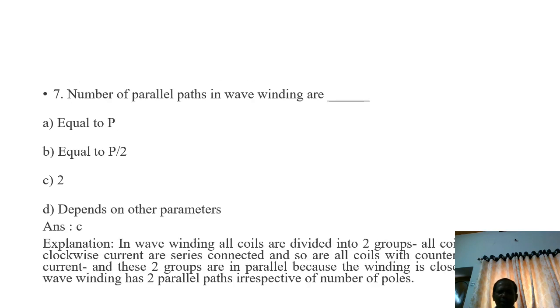The number of parallel paths in a wave winding is equal to: P, P by 2, 2, or depends on other parameters. Which one is the correct answer? We are discussing wave winding. The number of parallel paths is equal to 2, so the answer is 2.